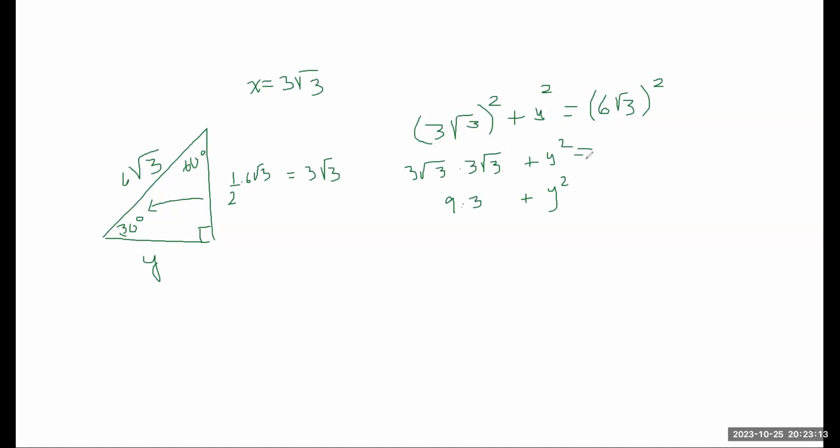You would also need to take 6 radical 3 times 6 radical 3, which is 6 times 6, which is 36, and square root of 3 times square root of 3 is square root of 9, which is just 3. And then you get 27 plus y squared equals 36 times 3, which I believe is 108.